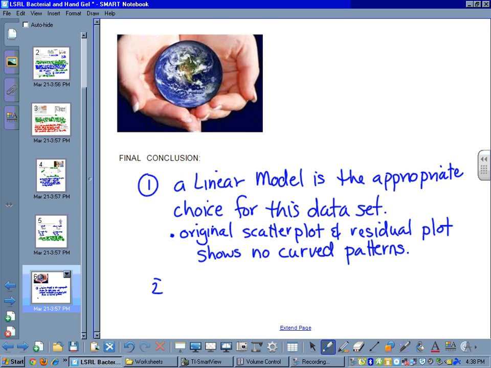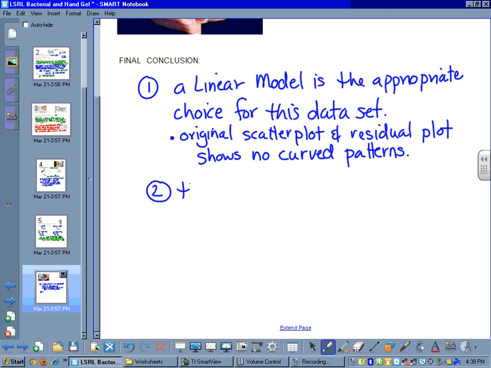Number two, the least squares regression line has questionable accuracy.